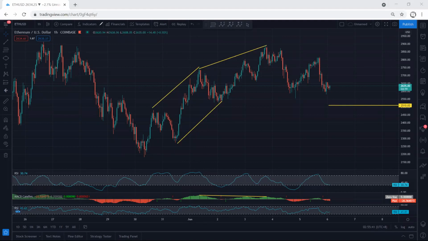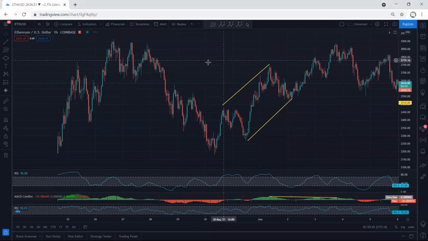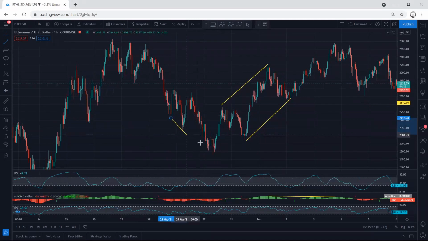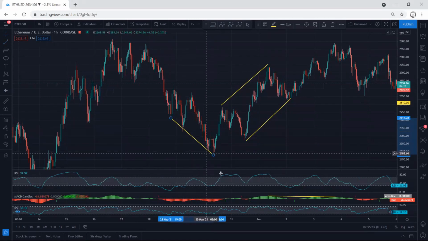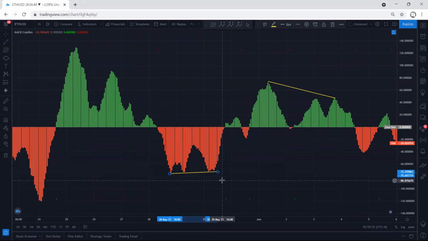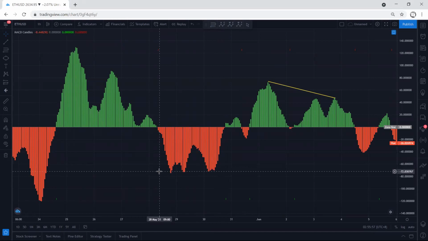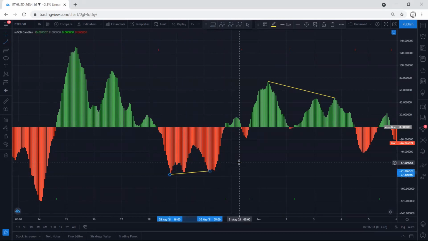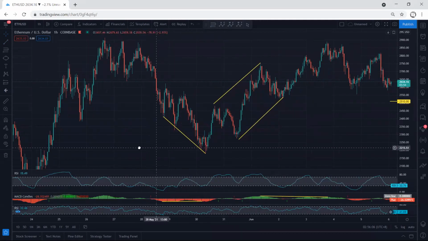And the second one, for the lower low, if we put our line here, we can see the price is dropping, but on the MACD we see the divergence is losing momentum. As we can see, it is almost lower than the previous one. Still, we can consider this a divergence. It depends how we use it.